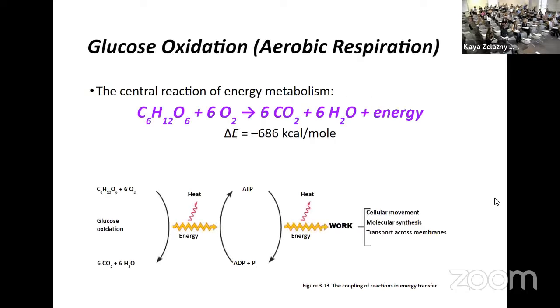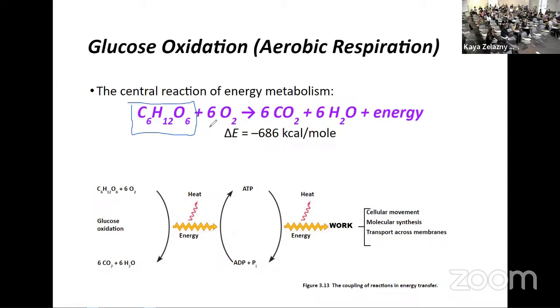So cellular respiration, also known as glucose oxidation. This is our aerobic cellular respiration involving oxygen. So our total big stereotypical reaction, how we usually get energy, how we prefer to get energy for ourselves, is that we take some glucose, our carbohydrate glucose, C6H12O6.